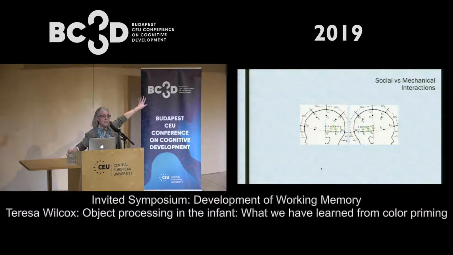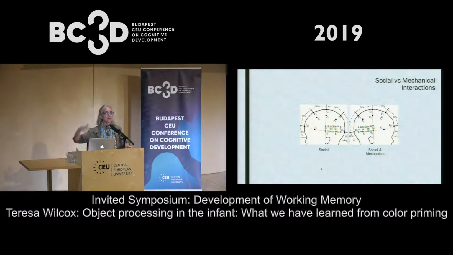What you see up here is what we've got in the function studies. I just wanted to remind you of the areas of the cortex in which we get activation when we do function events. When we do social and mechanical events, we find that in the left hemisphere, we get activation to the social interaction event, but not the mechanical interaction event, and it's a little bit more anterior in the temporal cortex.